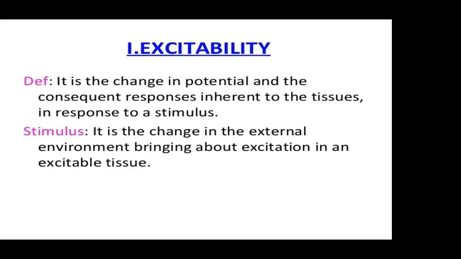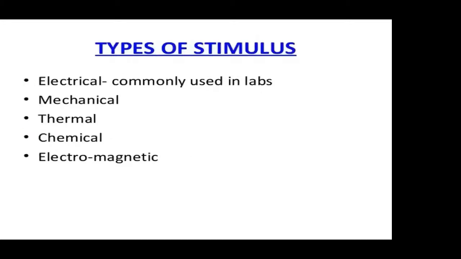Excitability. It is the change in potential and the consequent responses inherent to the tissues in response to a stimulus. Stimulus, it is the change in the external environment bringing about excitation in an excitable tissue.